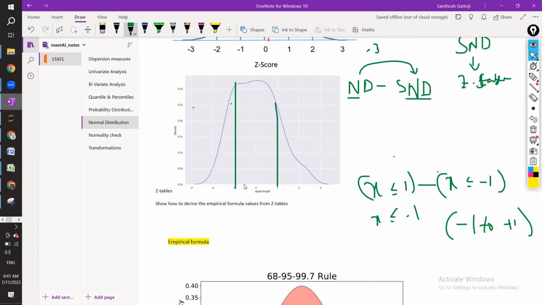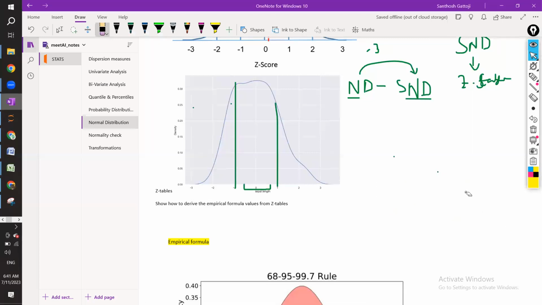I think we are good with those concepts. So today, before that, any doubts about standard normal distribution, guys? We are okay. I think we are good with standard normal distribution.